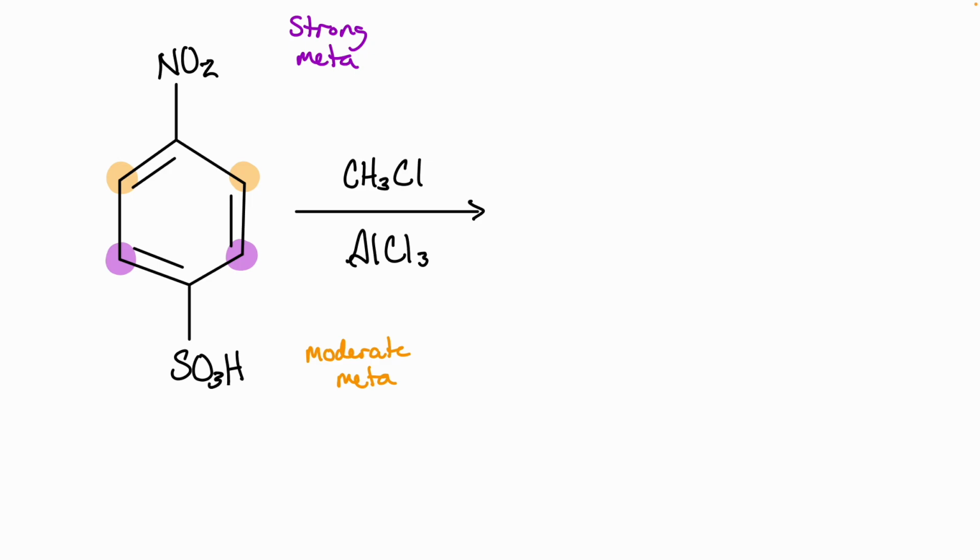Nitro wants to direct to the purple carbons. Our sulfonic acid group wants to direct to the orange carbons. So which one do we think is going to win? The strong one, right? So that's what those strong, moderate, weak categories are for, is if we have a conflict, and we won't always have a conflict. Sometimes they'll point to the same place. But if we do have a conflict, the strong one will win, all right?